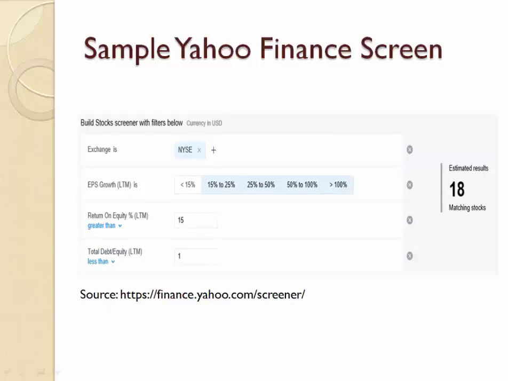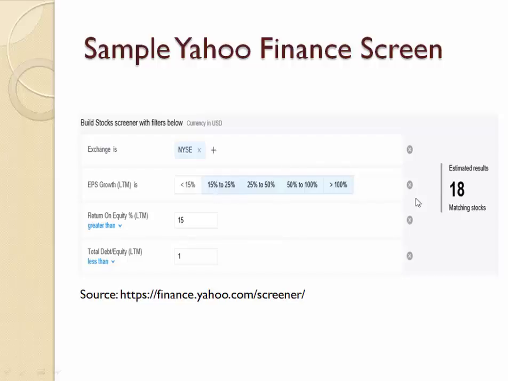A sample Yahoo Finance stock screener looks like this. Here the exchange is the New York Stock Exchange, EPS growth of 16%, return on equity greater than 15%, and a debt to equity ratio of 1.